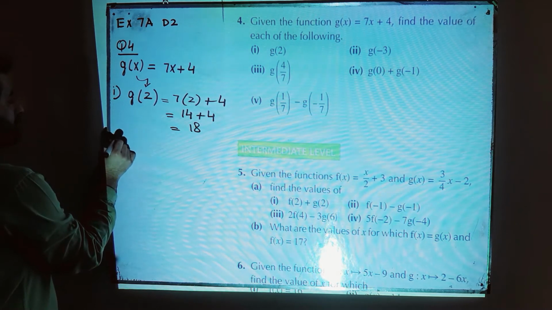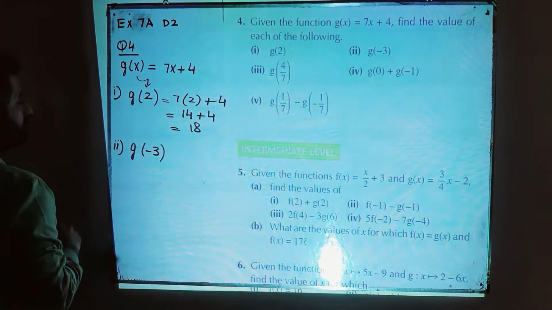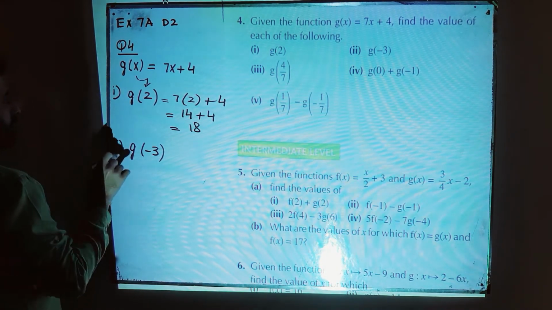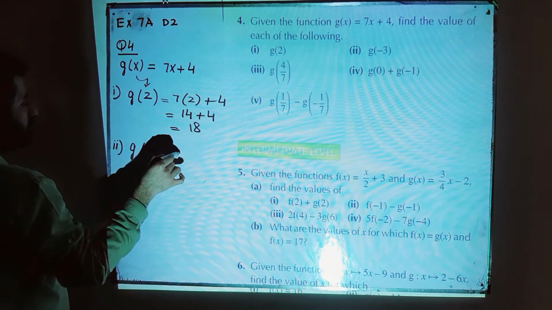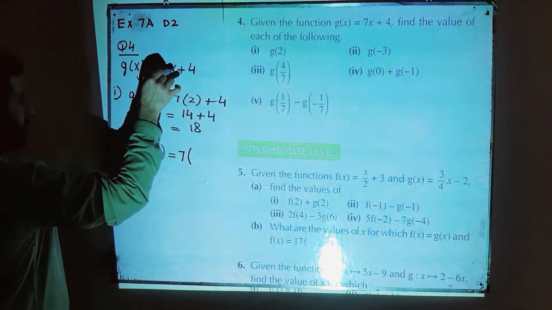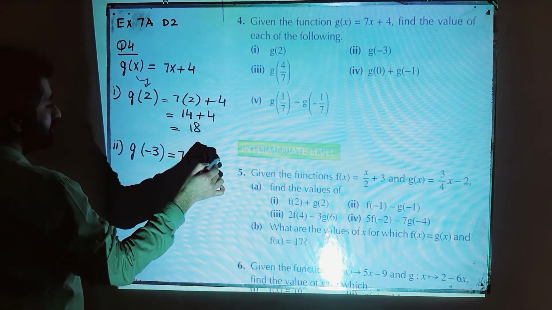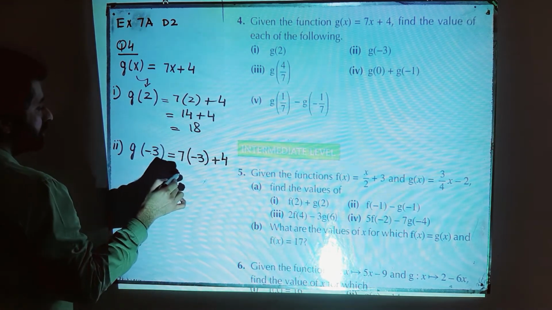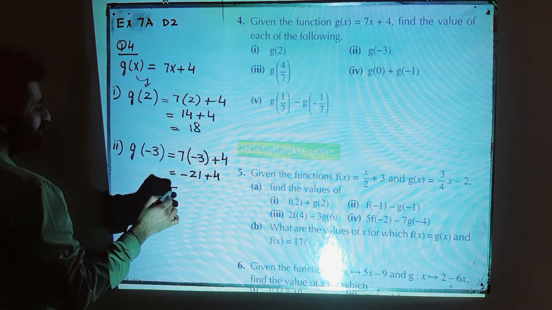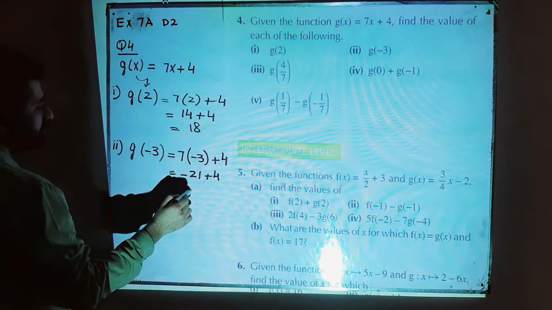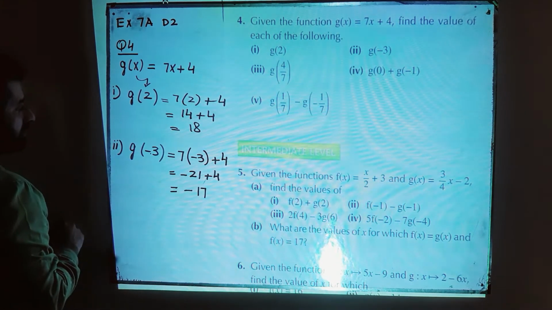Part number 2, need to find the value of g when x is minus 3. That means in place of x use minus 3. 7 x is to be replaced by minus 3 plus 4, that is minus 21 plus 4, well that is equal to minus 17.